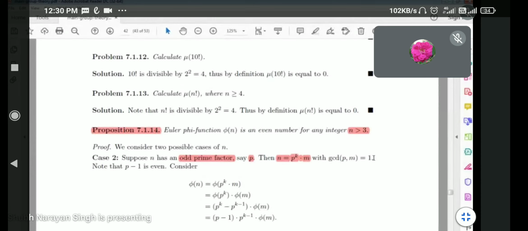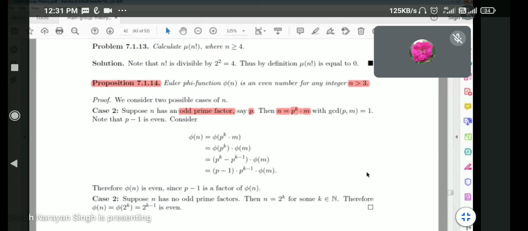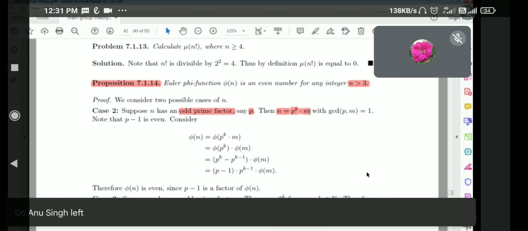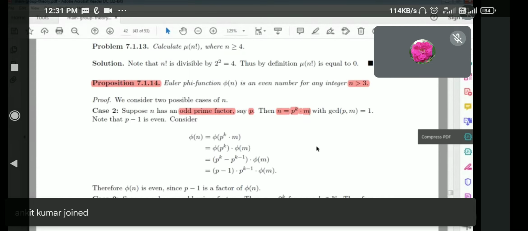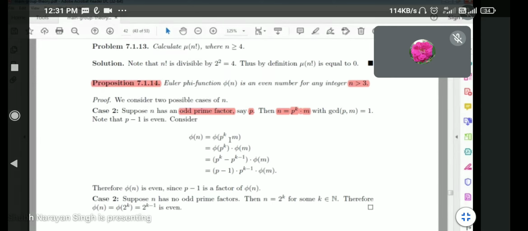Now we consider phi of n, because n can be written as p power k into m, and GCD of p and m equals 1. That means GCD of p power k and m is also 1, so you can write phi of p^k into m as phi of p^k into phi of m.